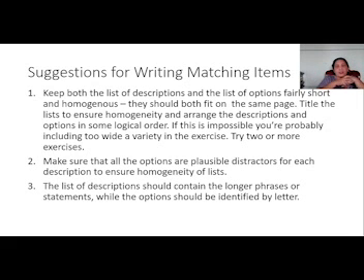Next, make sure that all the options are plausible distractors for each description to ensure homogeneity of lists. Options are plausible distractors. So, don't put anything out of the blue there. You ran out of ideas, no? Whatever you just put there. So, it should not be included because it is not homogeneous. It should not be included. It is not in the cluster.